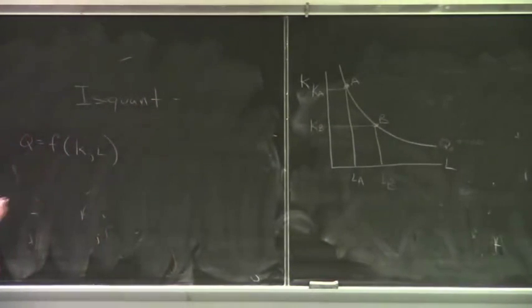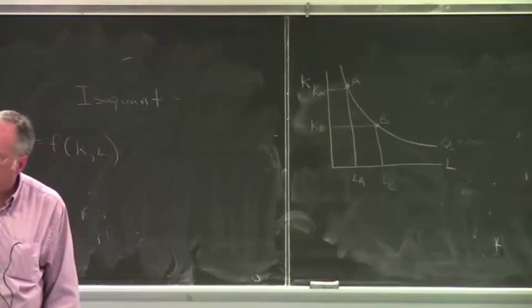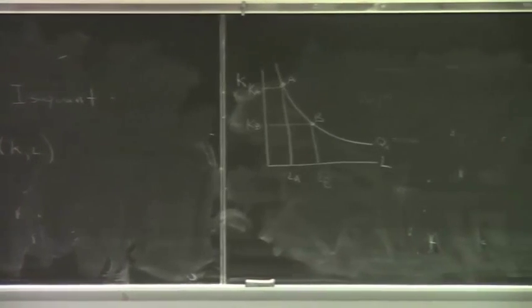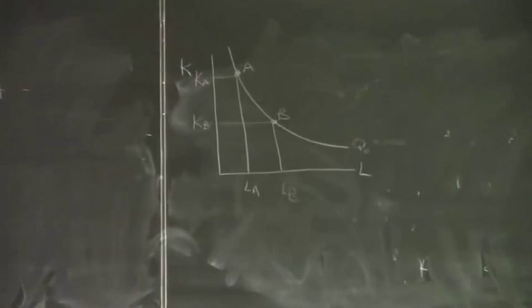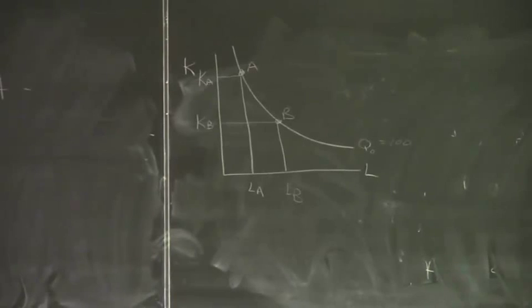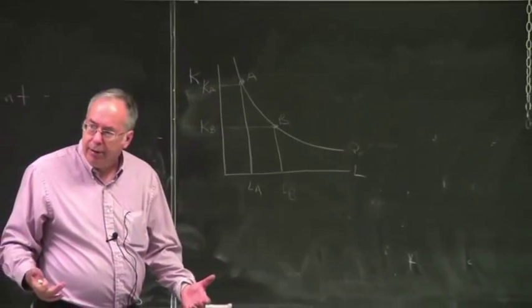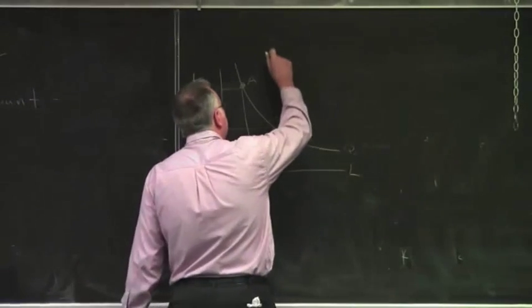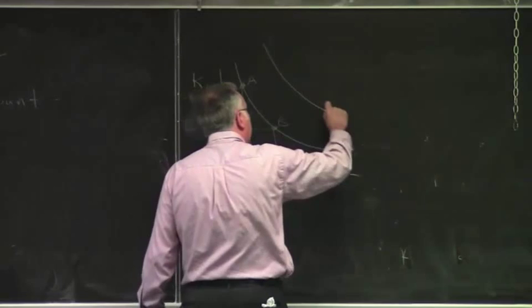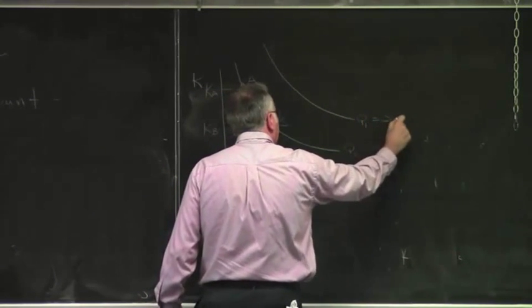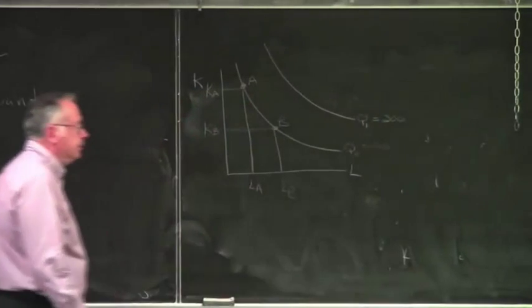In fact, there might be an infinite number of points along this curve, a nice smooth curve, showing all the different combinations of capital and labor capable of producing 100 tons of steel. Now, if you wanted to produce 200 tons of steel, then obviously you'd have to use more capital and labor, and this isoquant would be further out. So if we let Q sub 1 be 200 tons of steel, it might look like this.